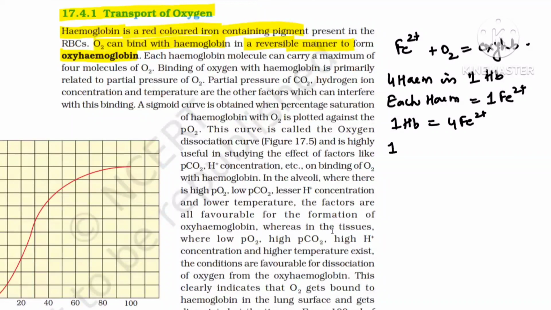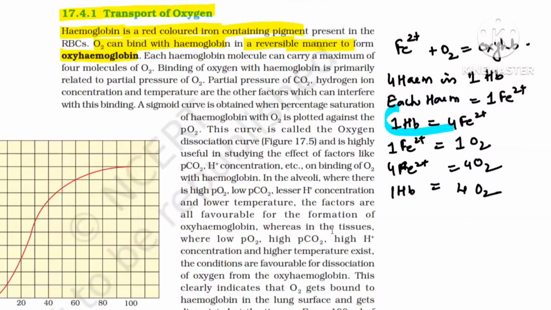So 4 iron means what? 4 oxygen molecules. Clear? It means one hemoglobin will be able to transport 4 oxygen molecules. Clear, beta? Because one hemoglobin has 4 iron and 4 iron means 4 oxygen molecules.